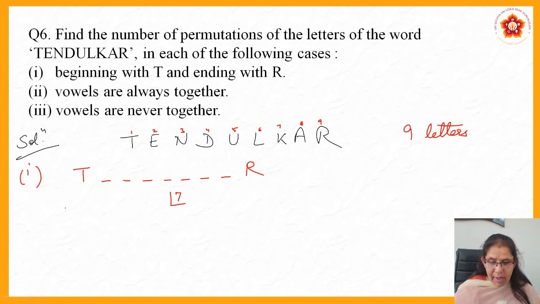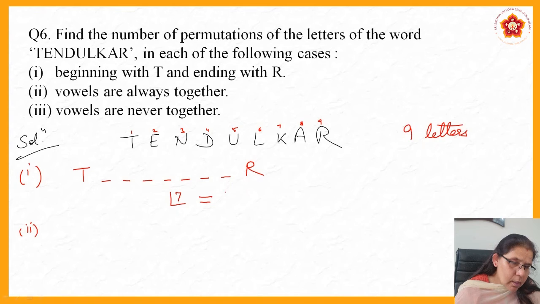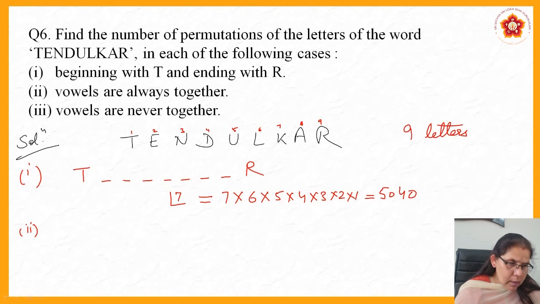You can find the value of factorial 7. If you calculate the value of factorial 7, it will come to 5040, and I hope you remember that factorial 7 means 7 into 6 into 5 into 4 into 3 into 2 into 1. It is equal to 5040.